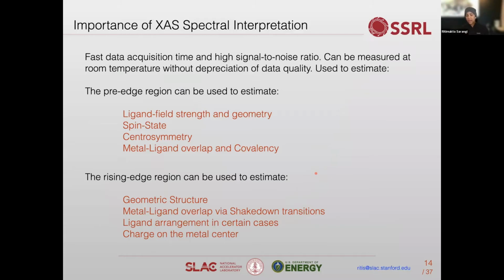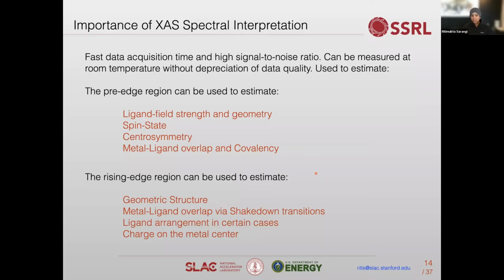The other reason for looking at the XANES data more and more instead of EXAFS is because you can collect the data really fast. Biological systems photo-reduce, and sometimes you just can't get good EXAFS data before the sample is gone. So it makes sense to try to get as much as you can out of the XANES region. The pre-edge region has been used very successfully to get ligand field strength and geometry, spin state, centrosymmetry, and covalency information.